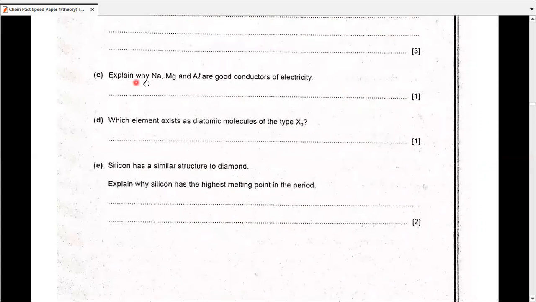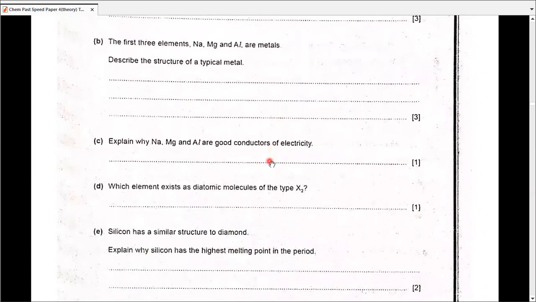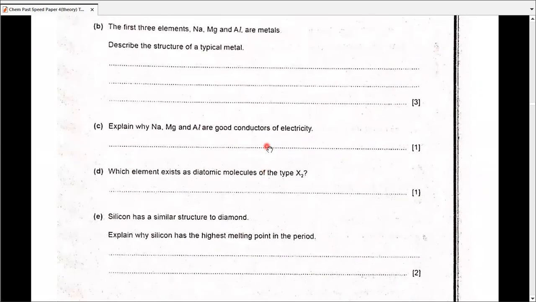Since you have already written about metals being good conductors of electricity, this is related to part B. What's the answer to this one? Why are metals good conductors of electricity? Because they're metals. No, that's not the answer.